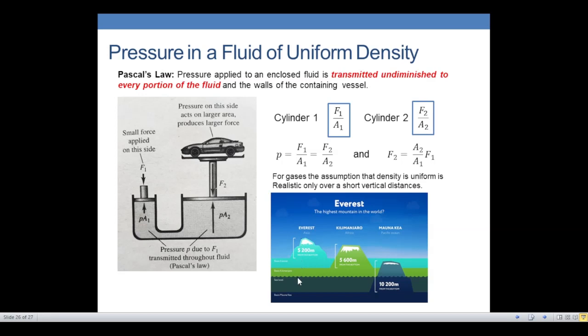Like for example, in Mount Everest, the peak is about 5,200 meters. So the density of air at the peak is not the same as the density of air that we can get from this particular level, and also when it is at sea level. So the assumption of uniform density is not anymore valid in this particular condition. It is only valid if the vertical distance is short. Okay.